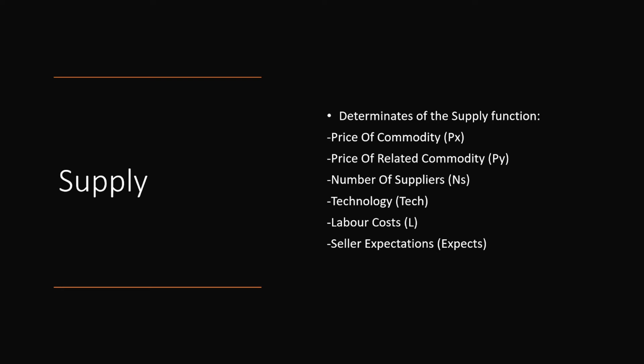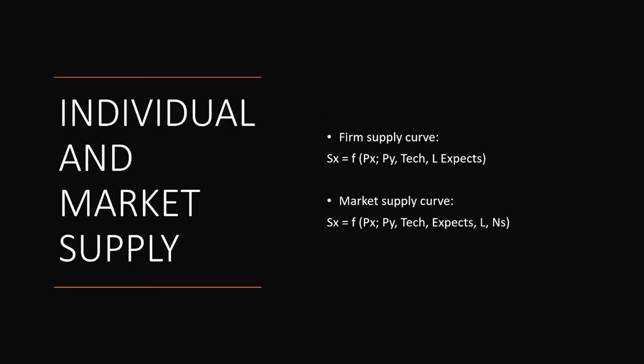Of course, we've got the price of the commodity, the price of related commodities, the number of suppliers, technology, labor costs, and seller expectations. These are all factors that play into our function for supply. So we've got our firm supply and our market supply. It's all very similar to our demand function.